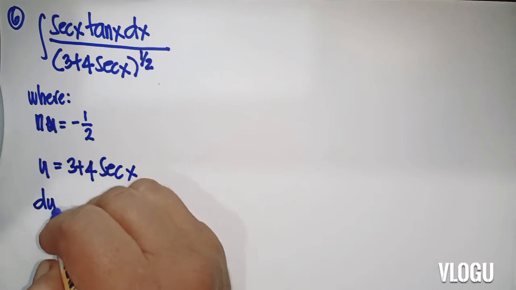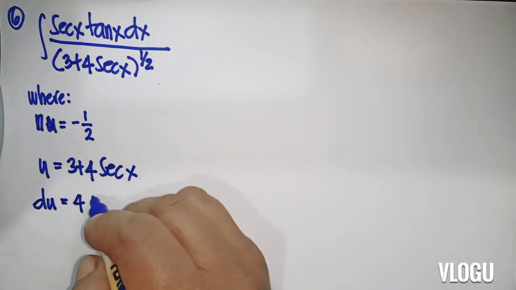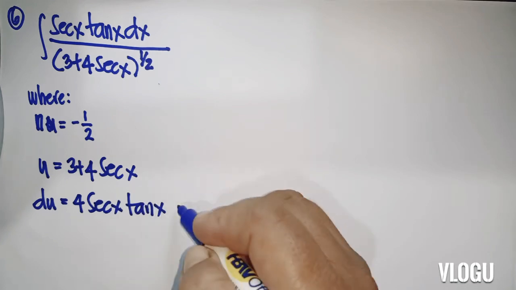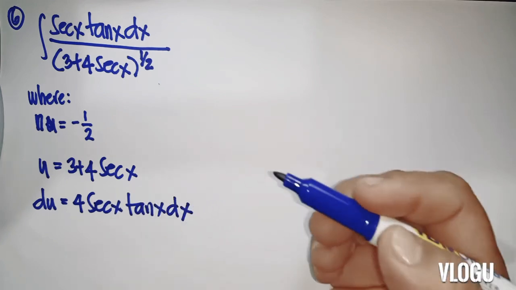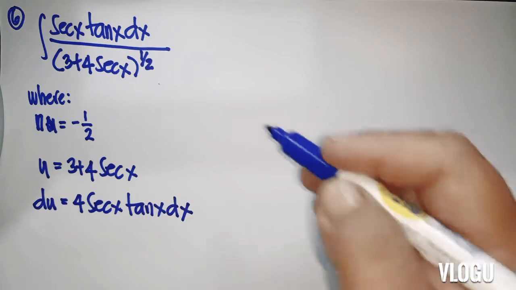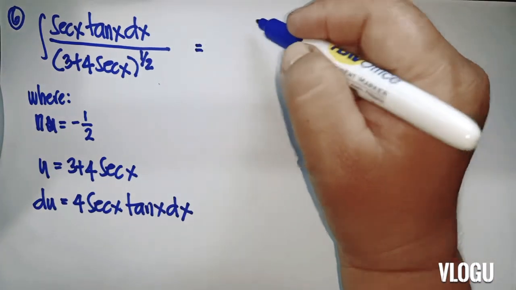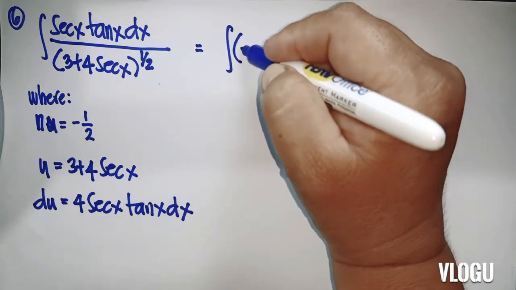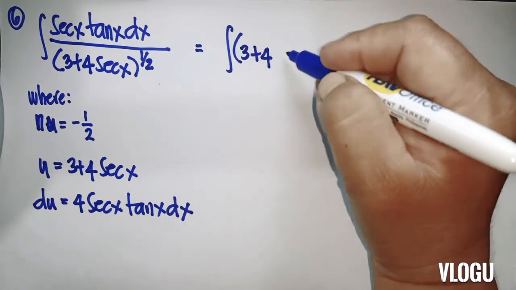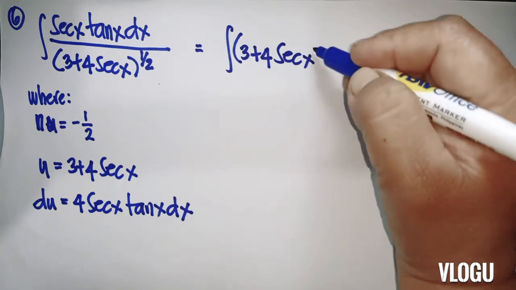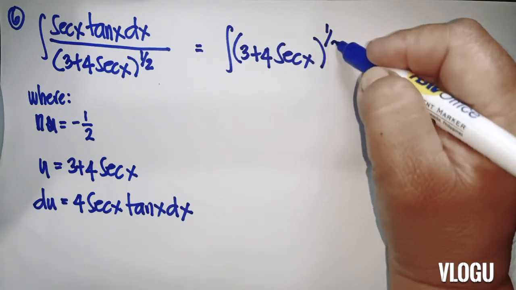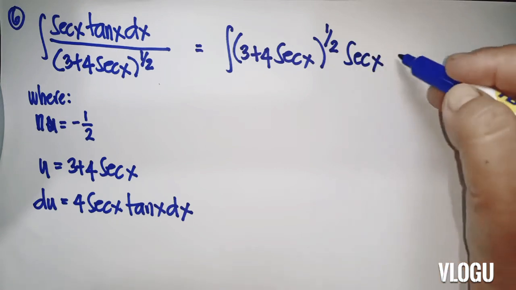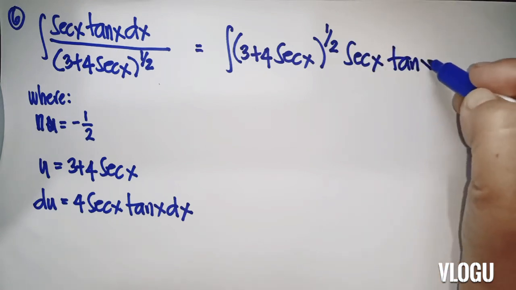So du is equal to 4 secant x tangent x dx. So therefore, you will have the integral of 3 plus 4 secant x raised to negative 1/2, secant x tangent x.